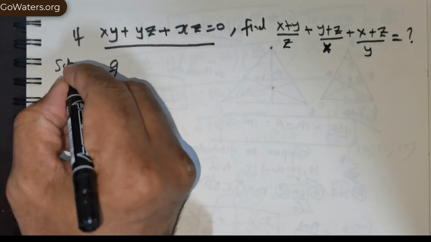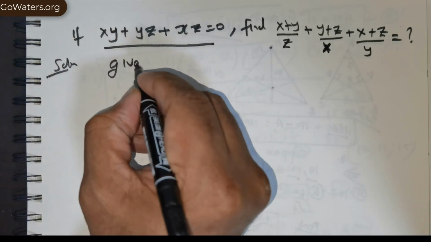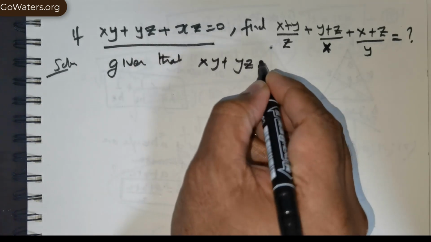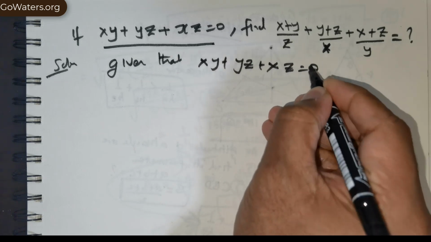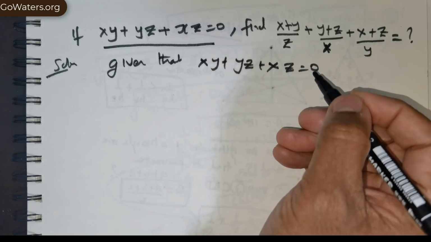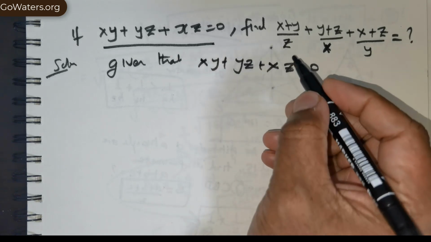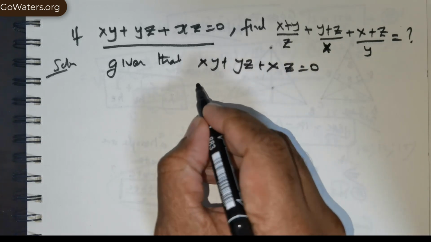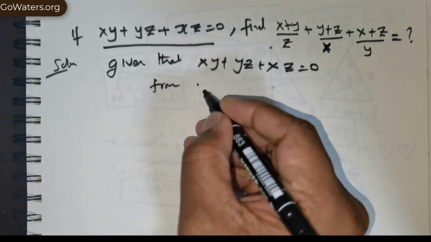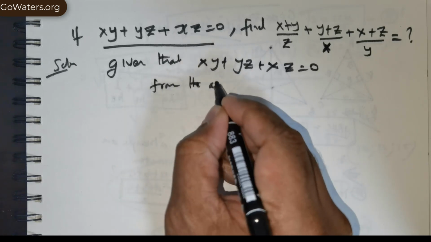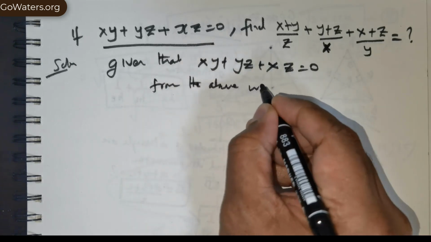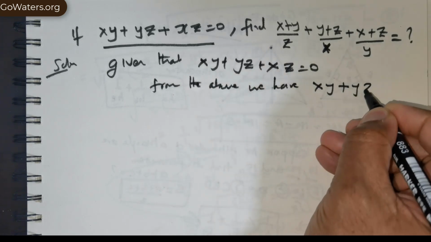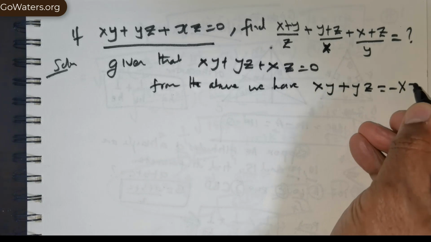So this is the solution. Given that xy + yz + xz = 0, I can rewrite this. From the above, we have xy + yz = -xz.